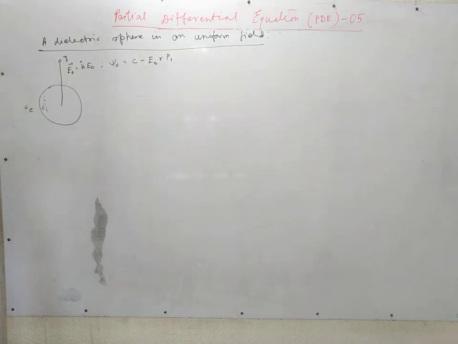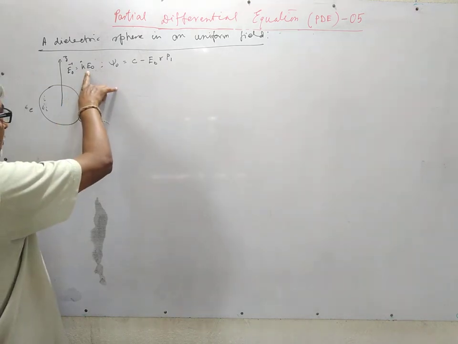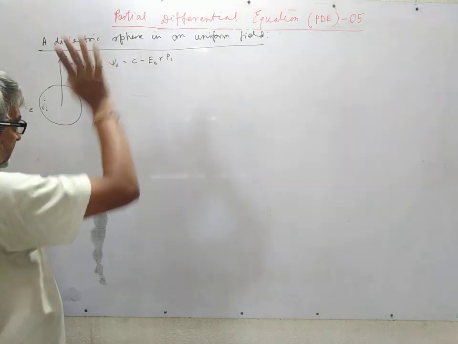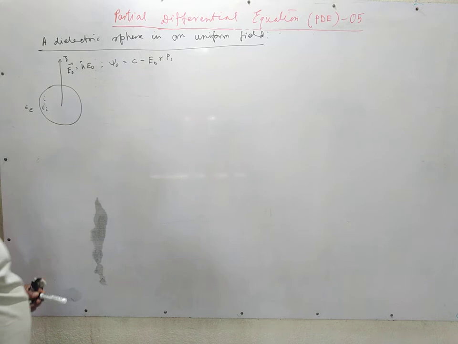As we argued in the earlier class, the calculation will have azimuthal symmetry if we choose the uniform electric field to lie along the z-axis. So we write E0 vector equal to k cap E0, and the corresponding potential is given by this. We elaborated this step in the last lecture.